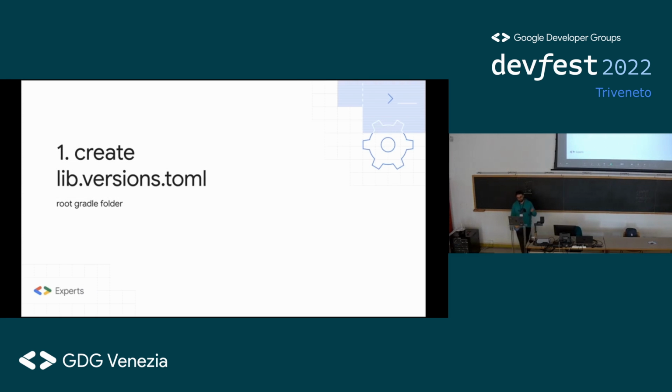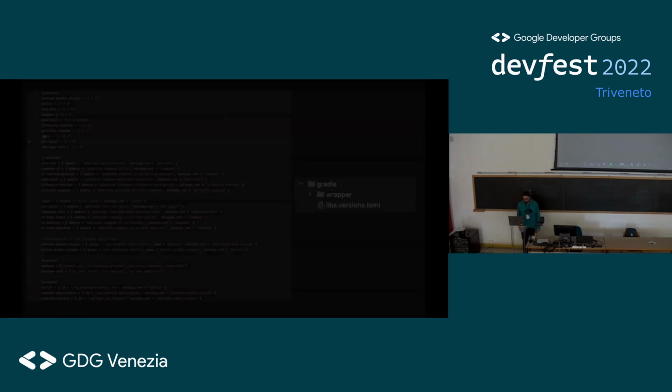First, we need to create this file, the libs versions toml, which, as stated in the documentation, goes to the root Gradle directory where you have the Gradle wrapper. You can drop it in another place, maybe in a dedicated folder, but it's easier to keep it there. And yeah, that's it.